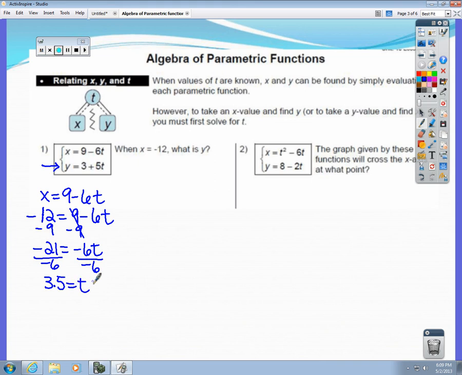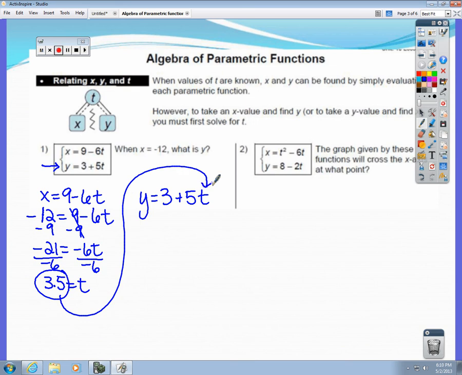Now that is not my answer because they didn't ask what is t, they asked for y, but you have to find the t first. So now I'm going to take that number, and my equation for y is 3 plus 5t. So I'm going to take the number that I just got and substitute it in for t.